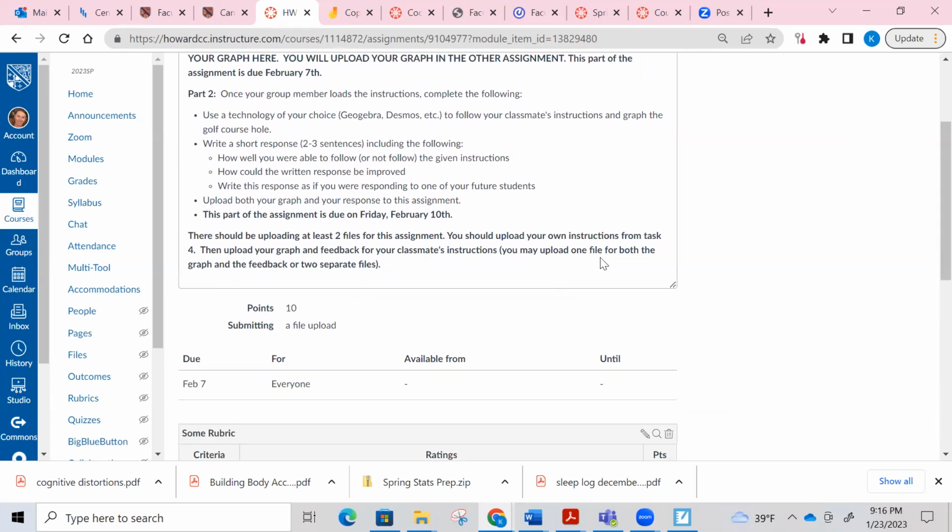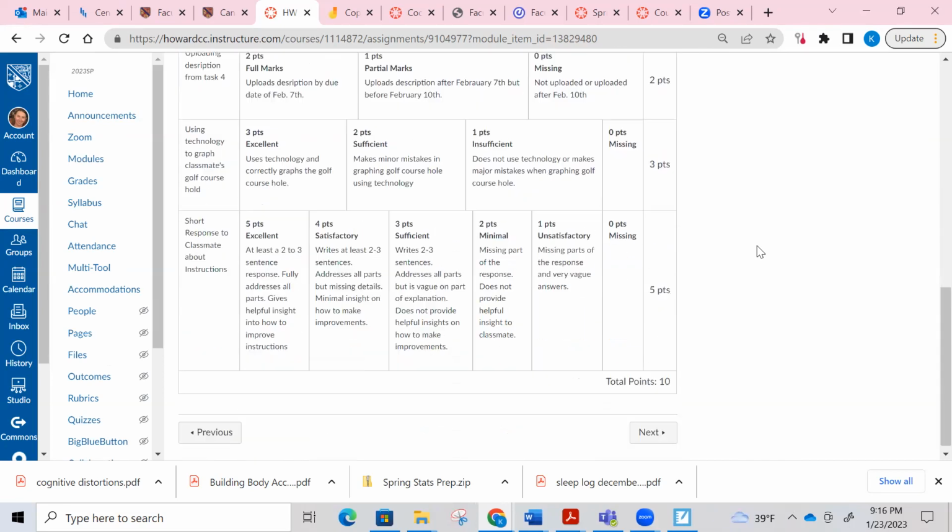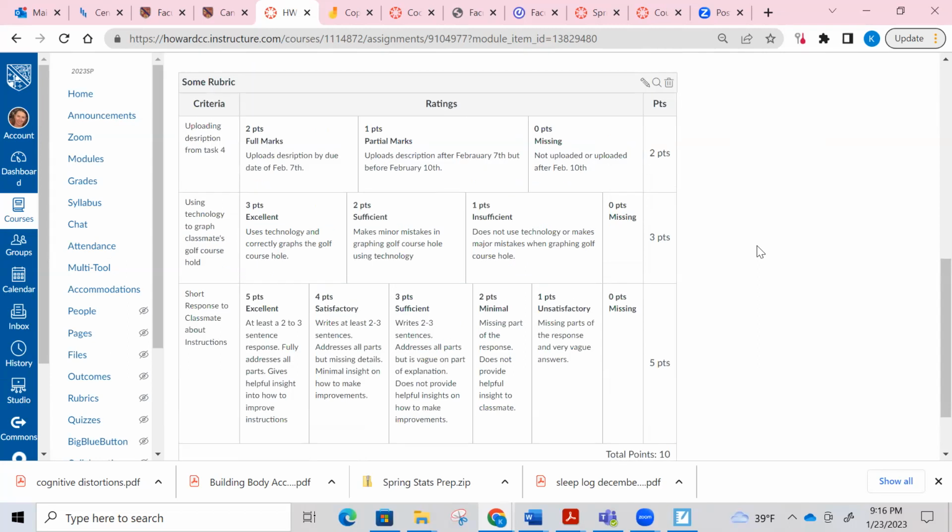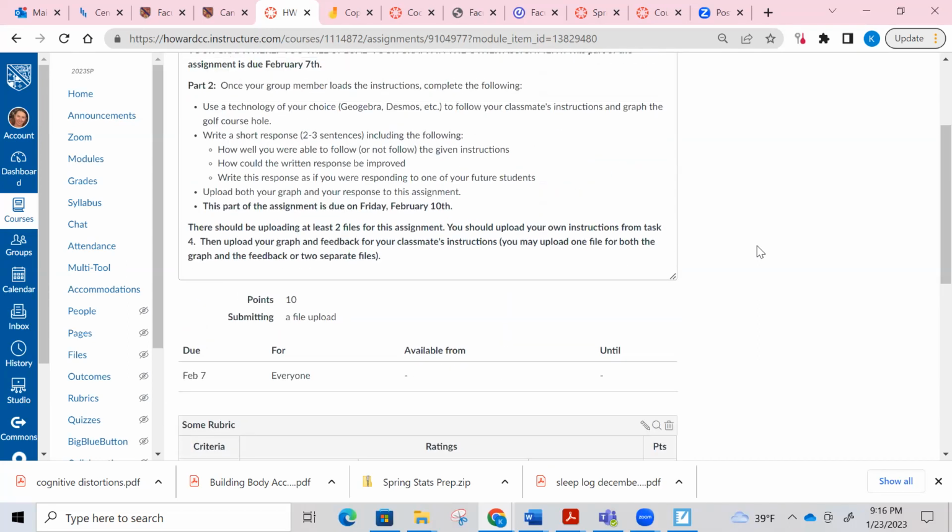Okay, and like I said, you may upload 1 file for both the graph and feedback, or 2 separate files. Some people copy the graph from Desmos or GeoGebra into like a Word document and then put the response, which is fine, or you can do 2 separate uploads. Okay, again, there is a rubric, so please read through that so you're clear on the expectations.